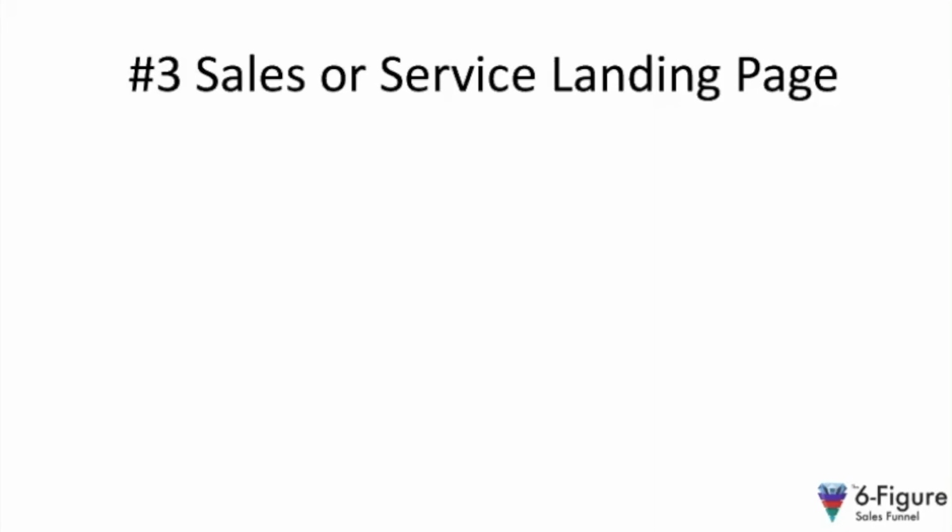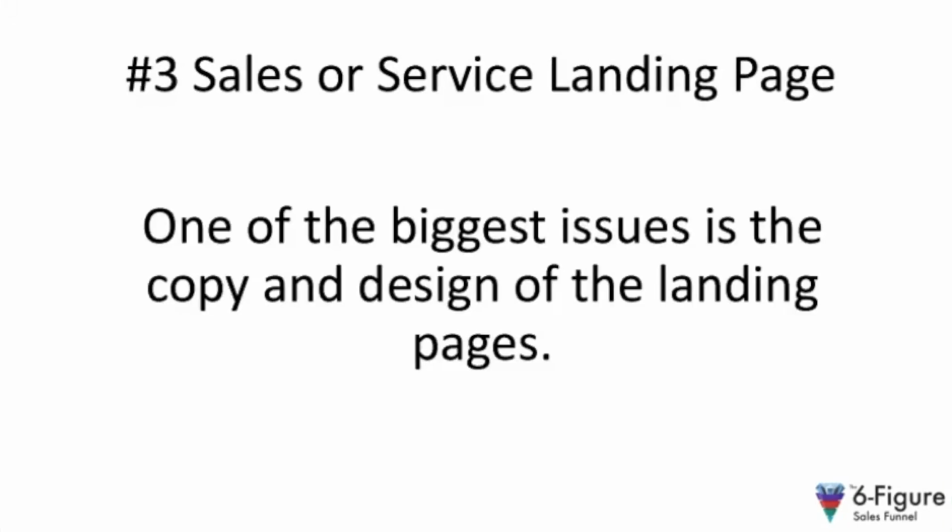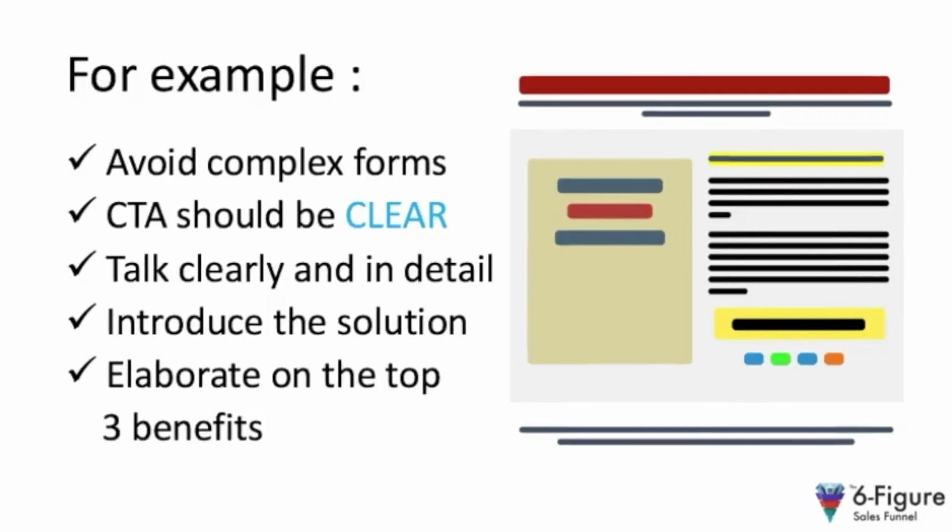All right, so the third element in making your funnel work from top to bottom is your sales or service landing page. One of the biggest issues I see holding marketers and small businesses back is with the copy and design of their landing pages. For example, you want to avoid overly complex forms, basically anything longer than 4 fields unless it's a checkout form.